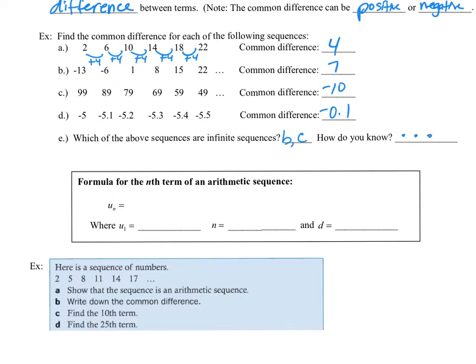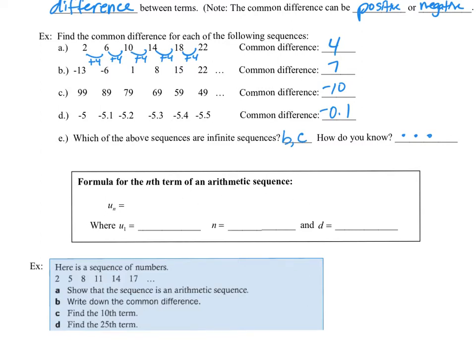All right, so now let's look at our first formula of the day. And this formula is one we're going to use a lot, but it's not one that you'll need to memorize because it is on the Math Studies formula chart. But we're going to look at the formula to find the nth term of an arithmetic sequence.